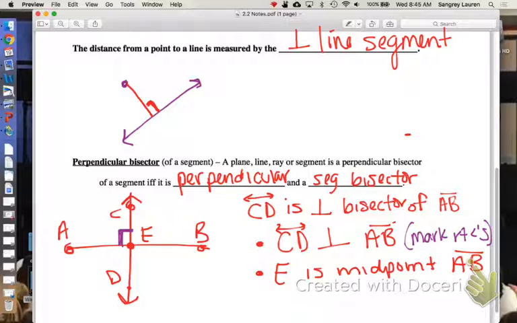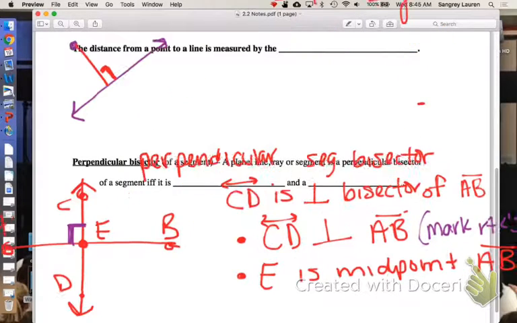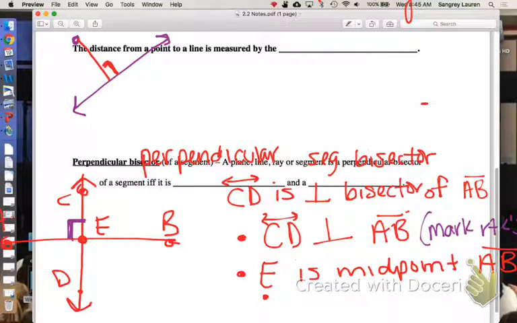And when we know there's a midpoint, what do we use? Those tick marks. So we know AE is congruent to EB. I'll put those tick marks right in the picture there.